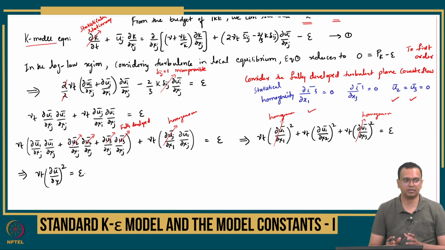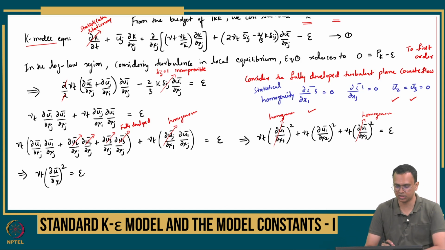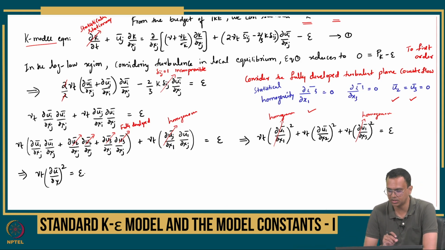So your entire K model equation reduces to this for a statistically stationary, statistically homogeneous flow along the x direction and the z direction, considering the log law region of that flow, where only Pk and epsilon are dominant terms.